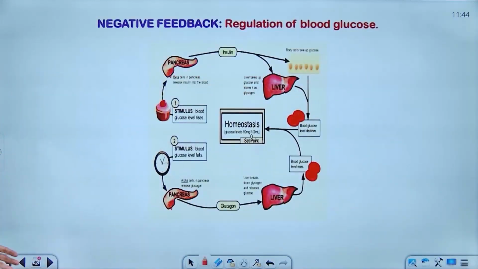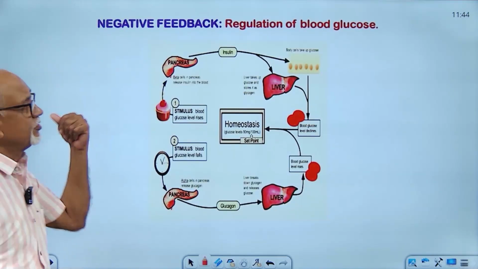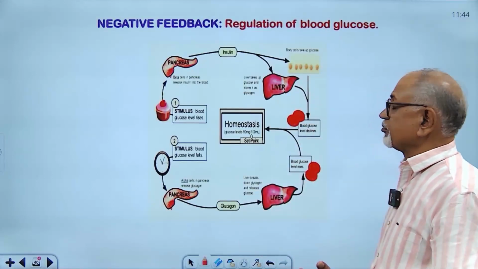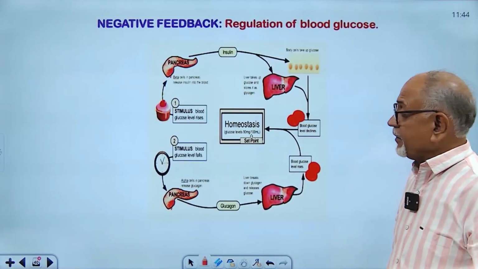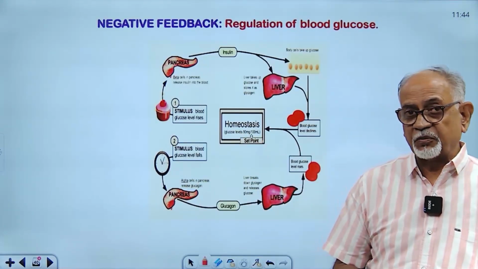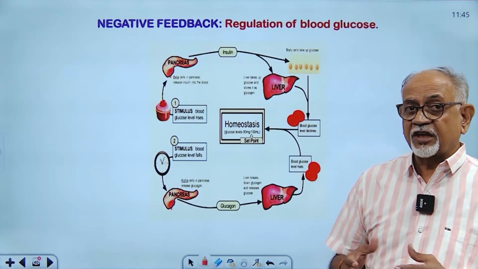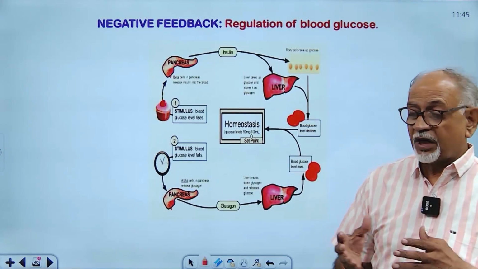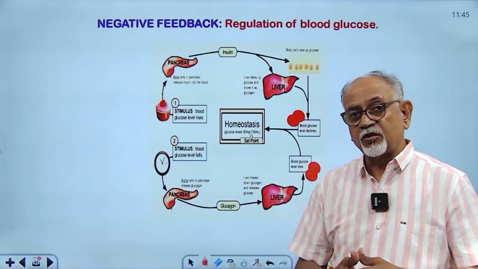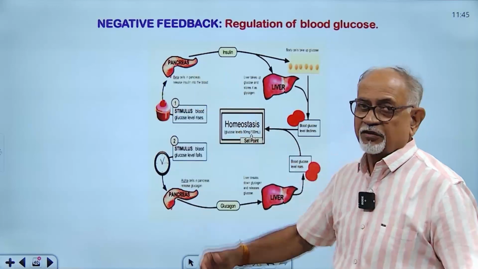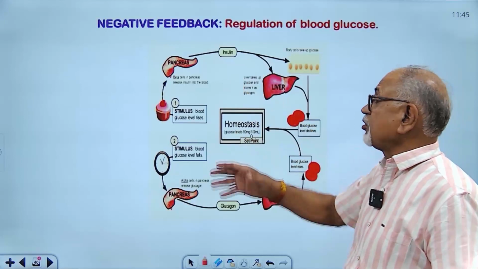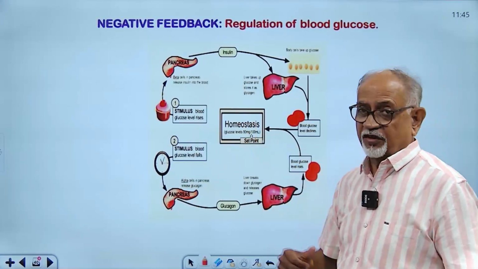Next is another example of negative feedback. A very good example is the amount of glucose in blood. When we take food and carbohydrates are digested, the carbohydrates are converted into glucose, and when this blood with a large amount of glucose is sent to the pancreas, it secretes a hormone called insulin by the beta cells.